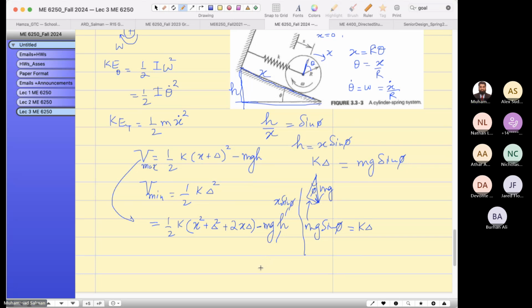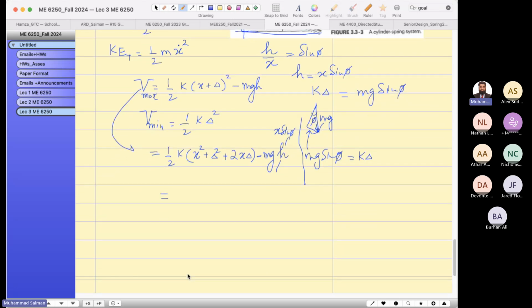After the simplification, what you get here is half k x square plus half k delta square plus kx delta minus mg x sine phi.